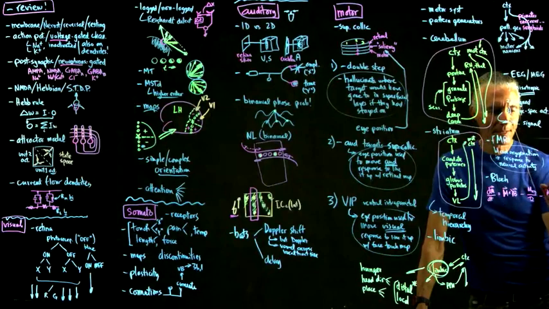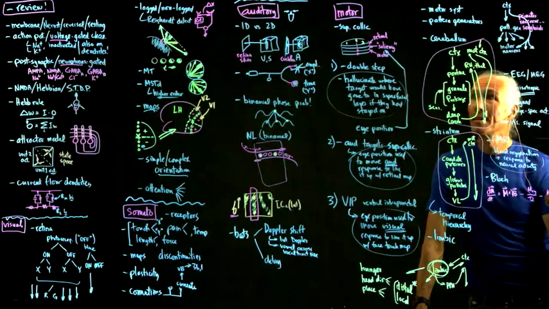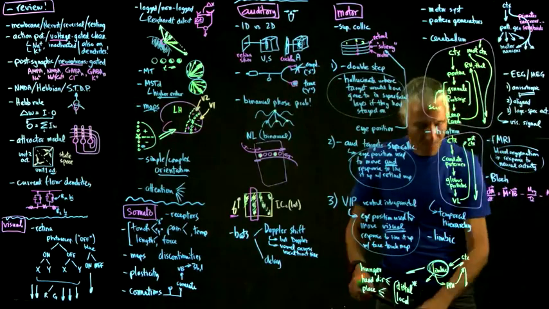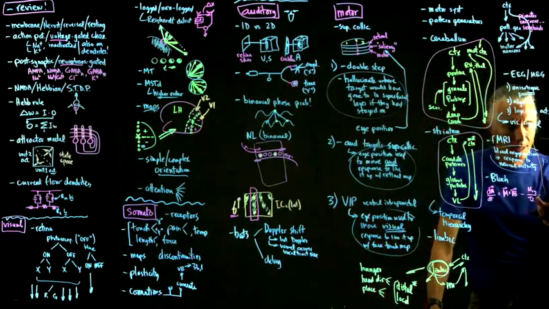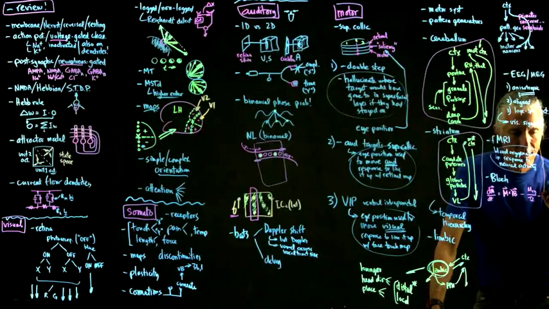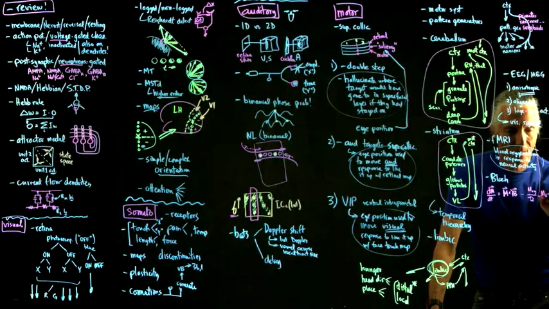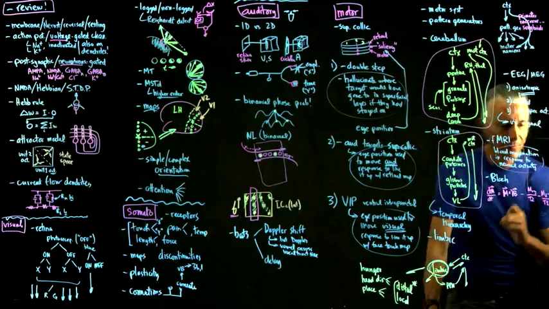But remember, it was MZ minus MZ0. MZ0 was what the magnetization gets up to after you've been in the magnet for a while. That was T1.